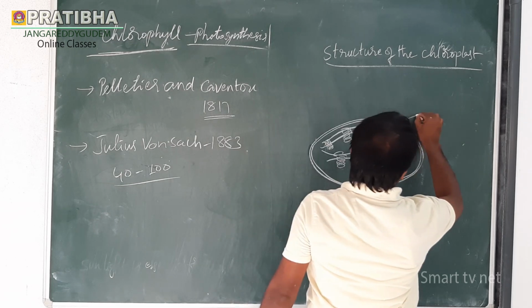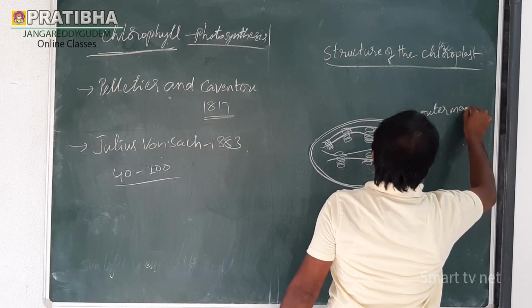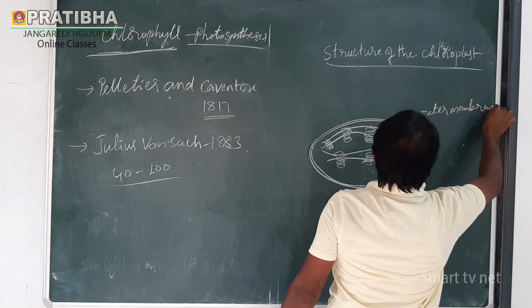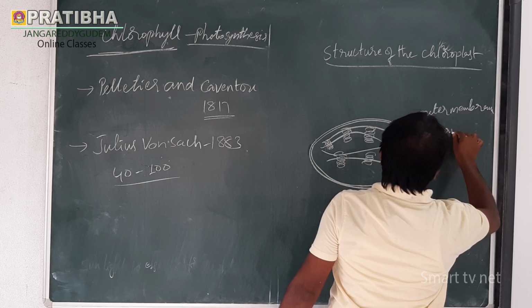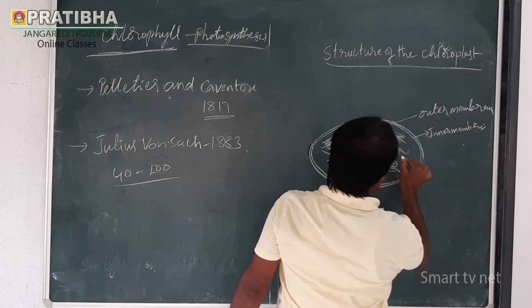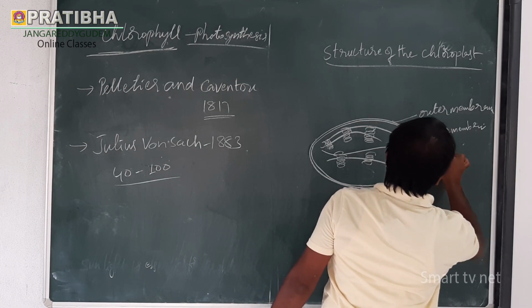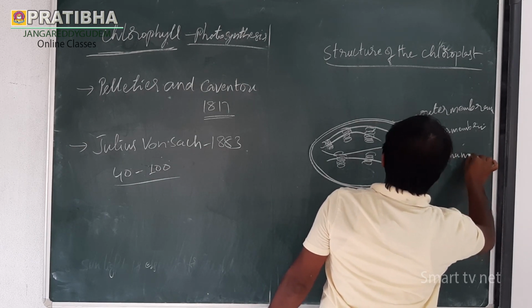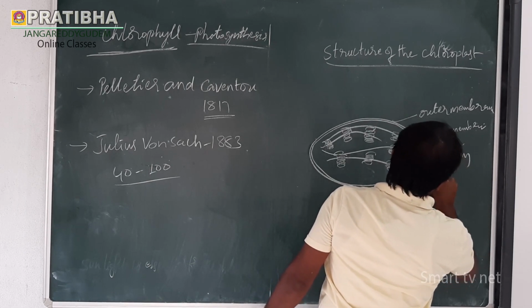This is the outer membrane. Inner membrane. This is the granum. This is the thylakoid membrane.